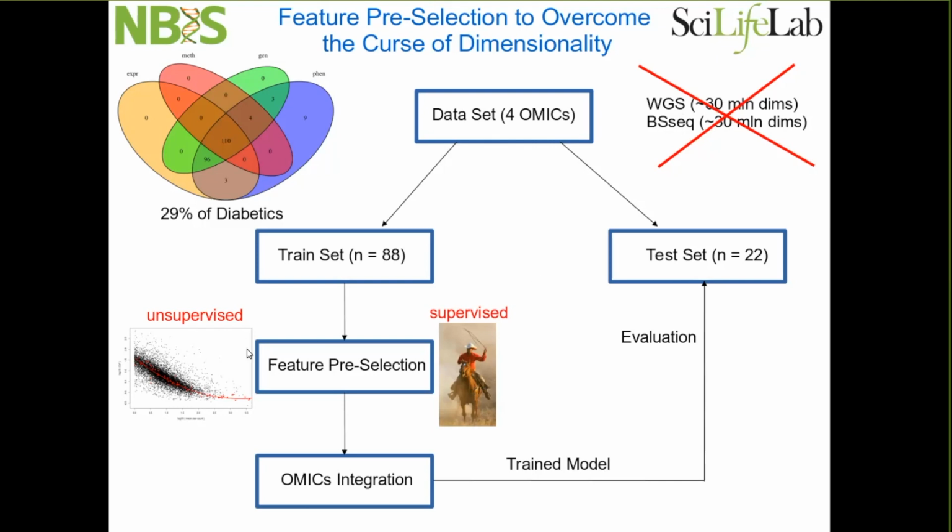Even if you apply feature pre-selection, if you try to reduce the dimensions of this individual omics somehow, it's still too much. And typically, the concepts that I'm describing will not work well if you have that high dimensional data. So if you have ultra high dimensional data, unfortunately, you will have to increase your sample size somehow. Otherwise, it's basically meaningless to continue with the analysis.